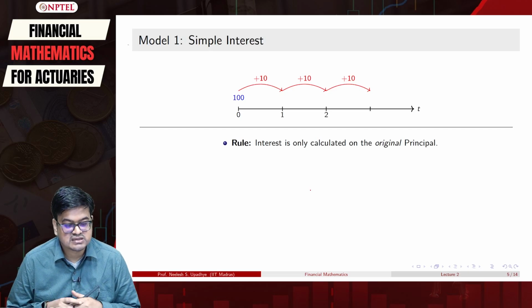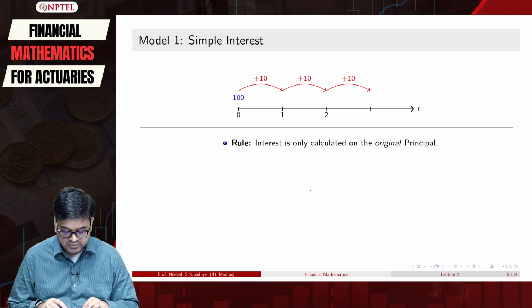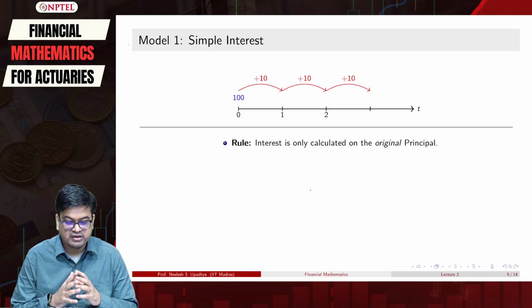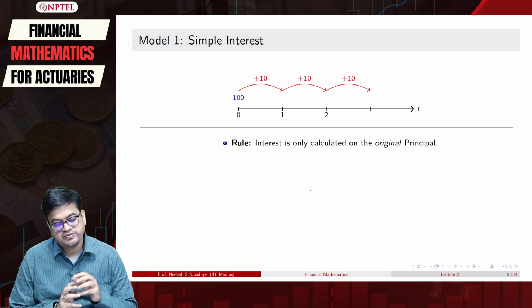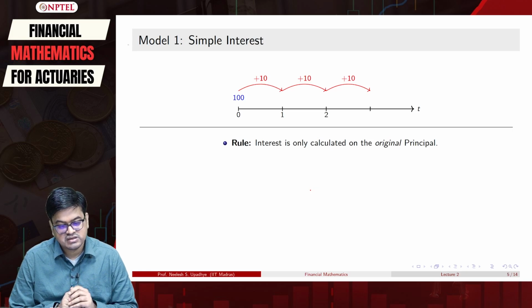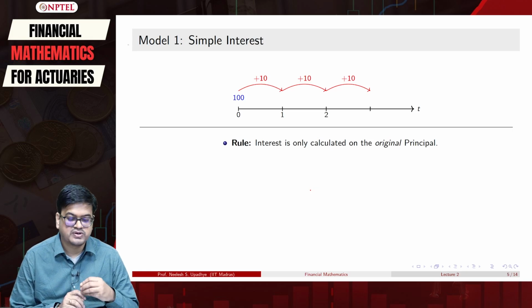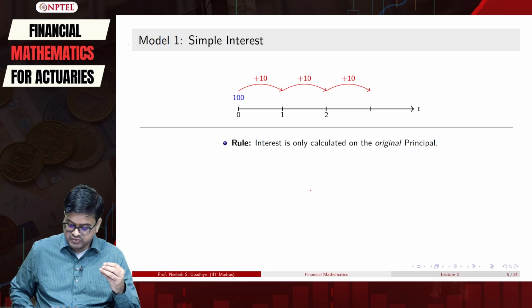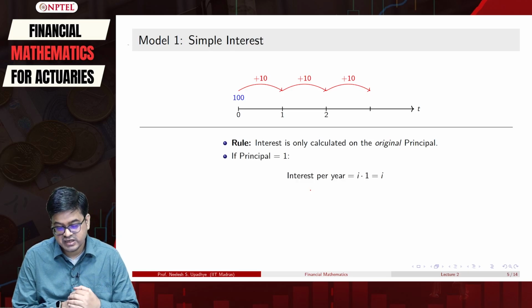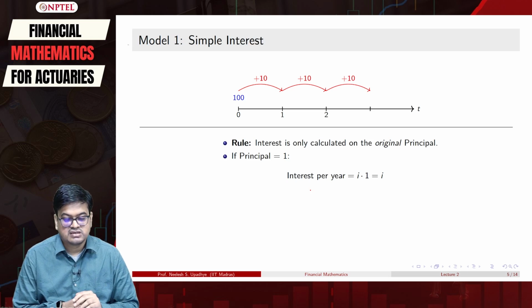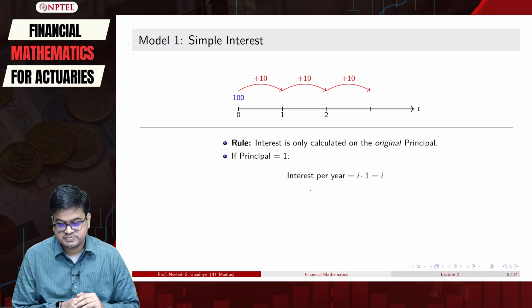So here is the idea. You choose the model of A(t) to be simple interest. That means if you invest 100 rupees, and the bank is offering you 10%, you will get 10 rupees every year. Interest per year is 10. However, your principal is going to be 100 rupees, correct?